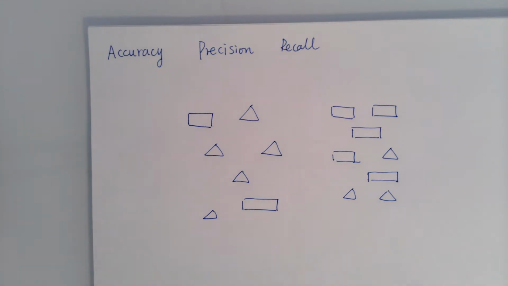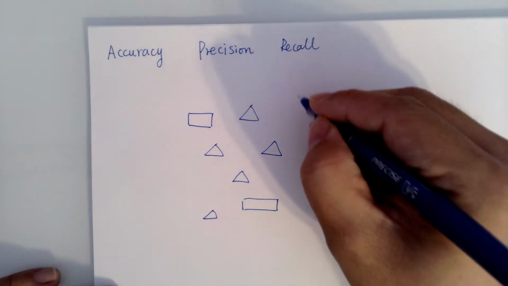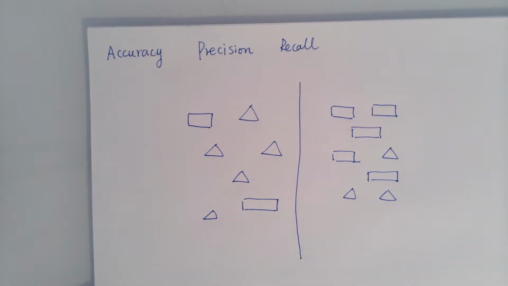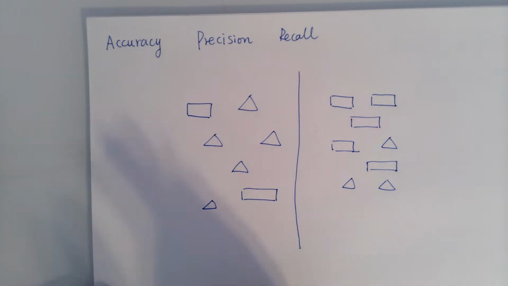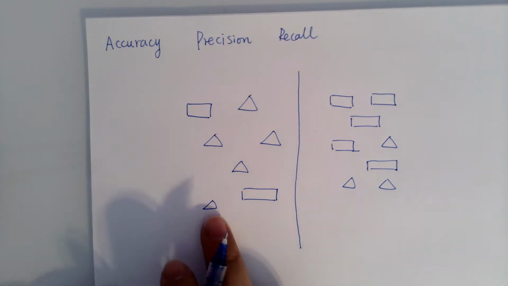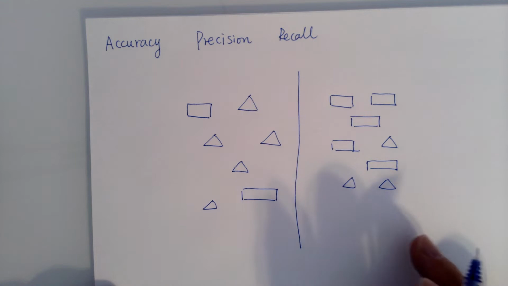And suppose this is our classification model. What it says is that on the left-hand side, everything is identified or classified as triangles, and on the right-hand side of this model, everything is identified as rectangles.